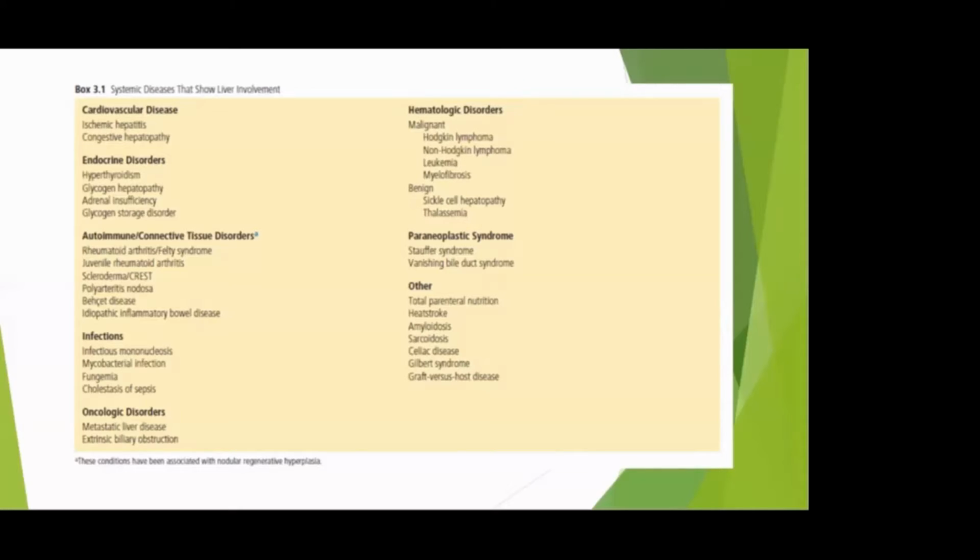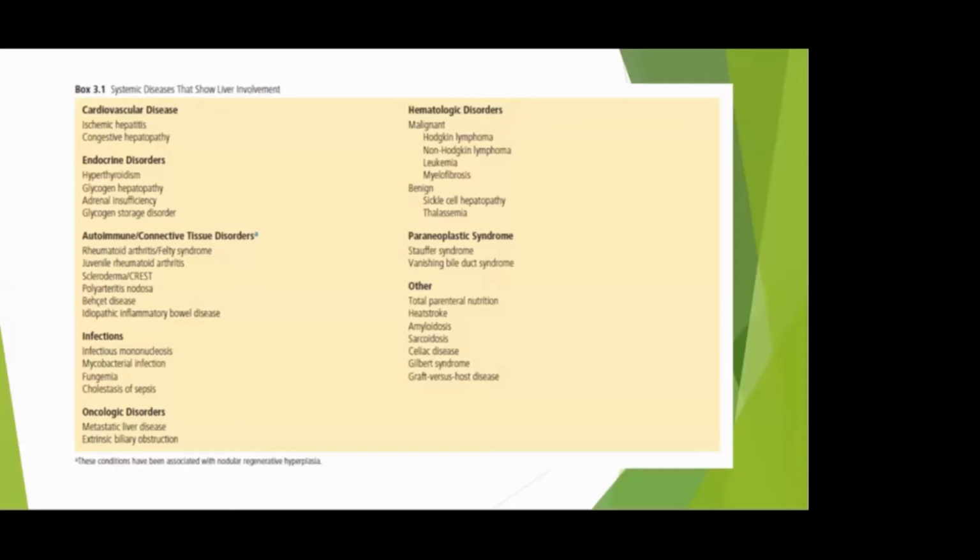In some instances, as with ischemic hepatitis or congestive hepatopathy, definitive and distinctive histologic changes may be seen in addition to abnormal liver tests, but other diseases give rise to elevated liver tests either without any accompanying histologic changes or minimal nonspecific changes, often referred to as nonspecific reactive hepatitis.